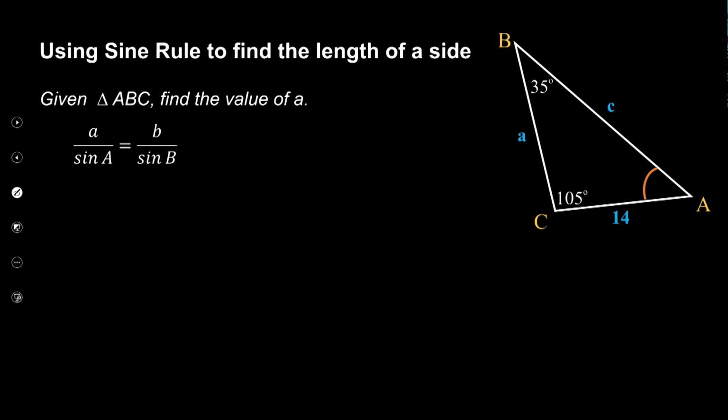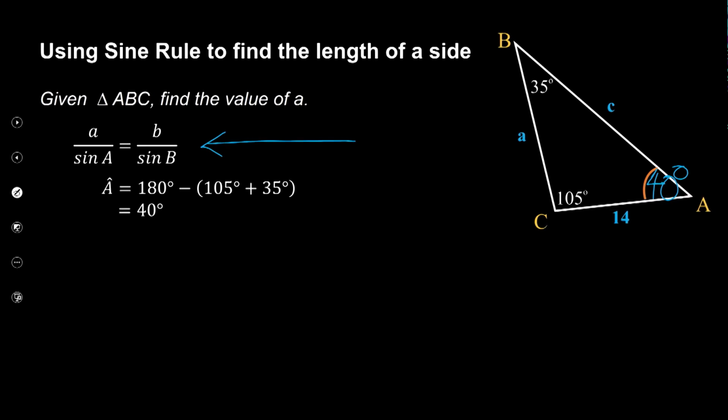Okay, so there's a neater version of what we're doing. We're going to say a over sine A equals b over sine B. We're going to substitute, first finding A using three angles of a triangle. Because we have 105 and 35, we subtract those from 180 degrees, and we find that our angle A has a value of 40 degrees. So we're going to use that 40 degrees in our sine equation.